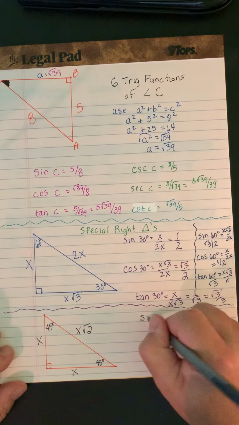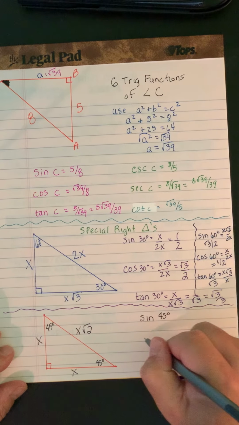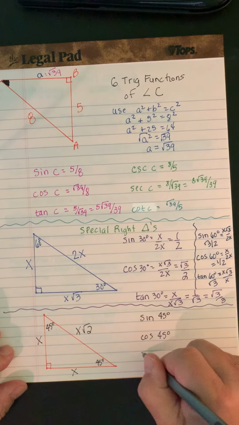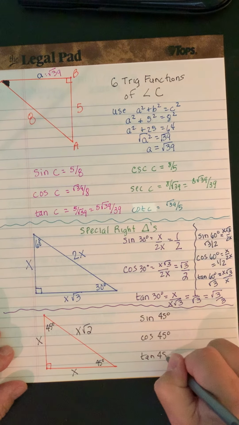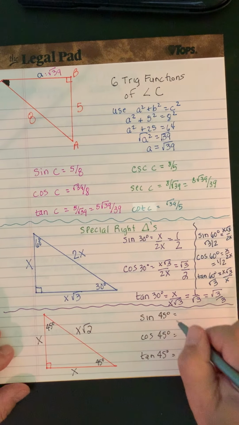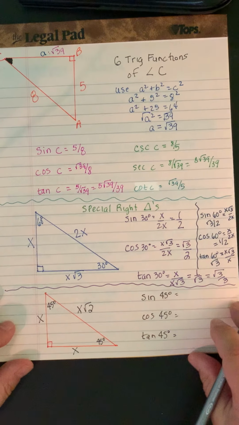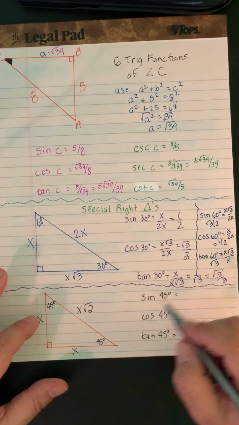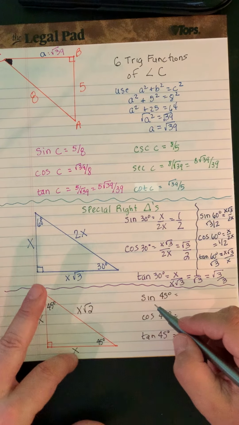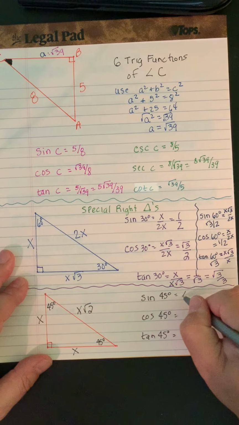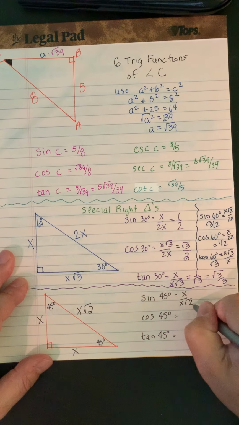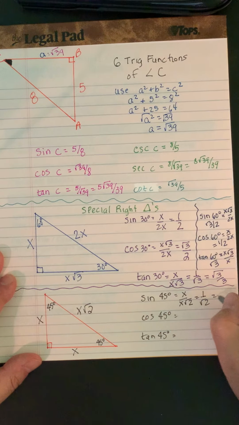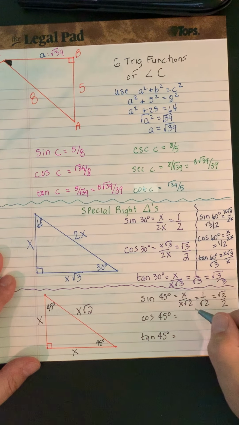So we need to do the sine of 45, the cosine of 45, and the tangent of 45. We only have to do one set because 45 and 45, they're the same angle. So sine of 45, doesn't matter which one you pick. This one, opposite over hypotenuse, is x over x radical 2, which is 1 over radical 2, which is radical 2 over 2.